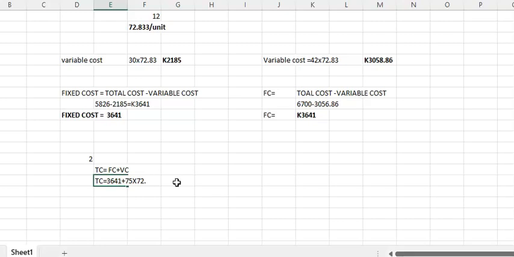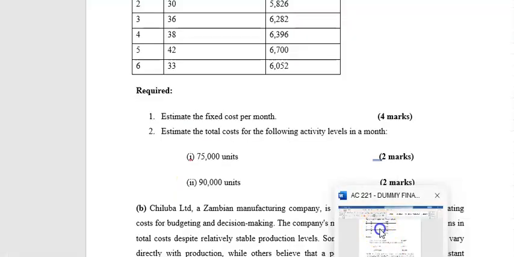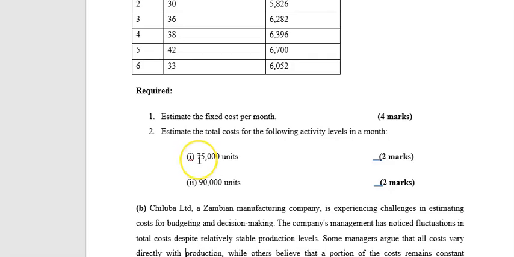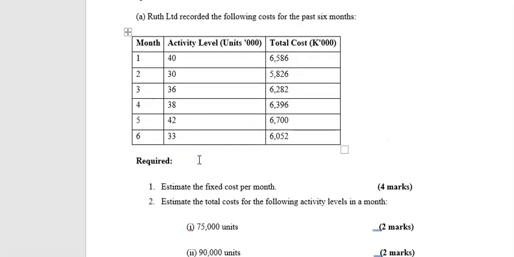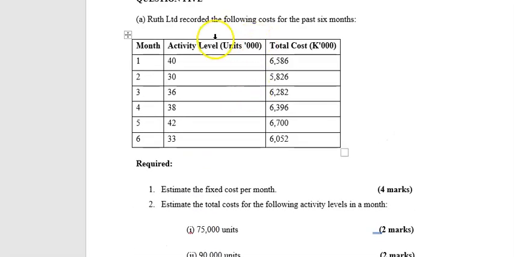In this case, our activity level is 75. The data we have been given has 3 zeros up, so in this case we only use 75, with 3 zeros up.